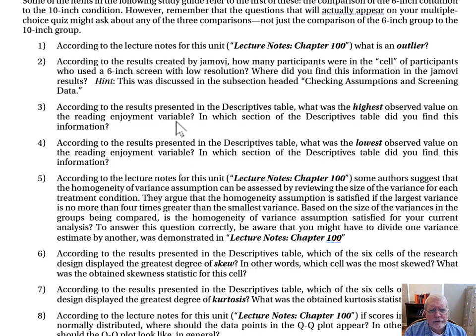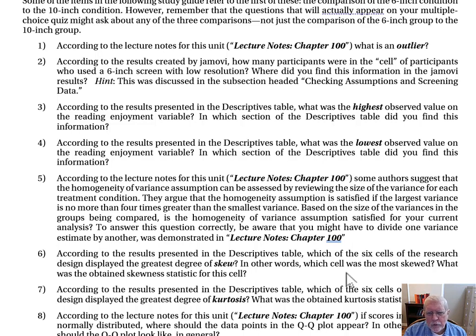Items like, according to the results presented in the descriptives table, what was the highest observed value on your reading enjoyment variable? In which section of the descriptives table did you find this information? We have items like item 6, according to the results presented in the descriptives table, which of the 6 cells of the research design displayed the greatest degree of skew?